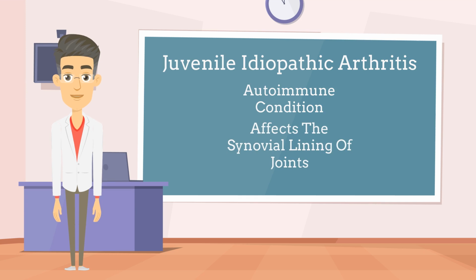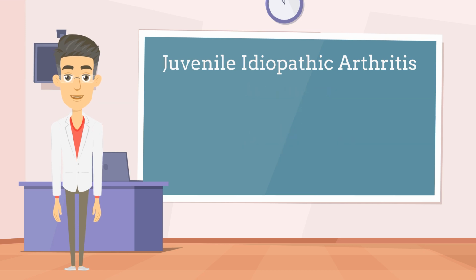The symptoms can vary widely from mild to severe and may come and go over time. Some children experience a single joint being affected, such as the ankle or hip, while others may have multiple joints involved. Along with joint symptoms, it can also cause fatigue, fever, rash, and eye inflammation.